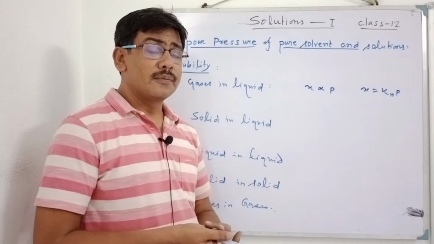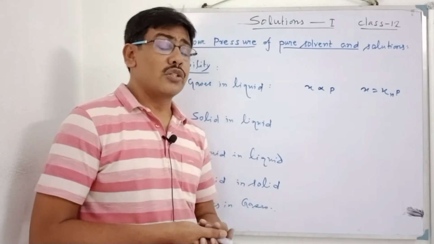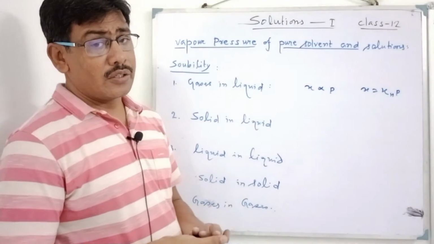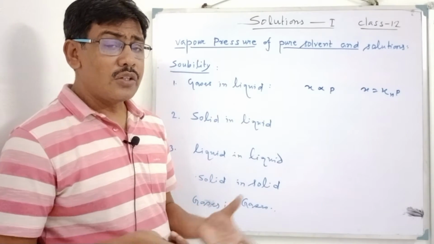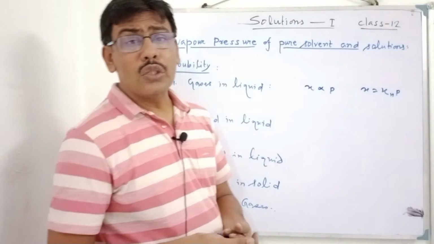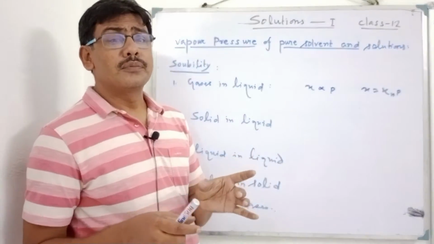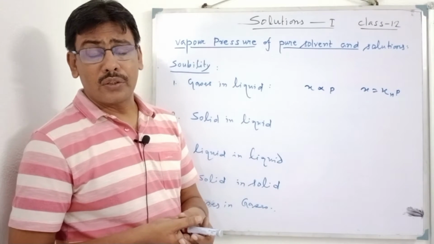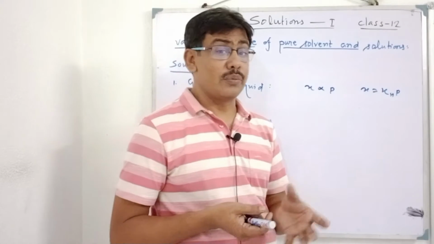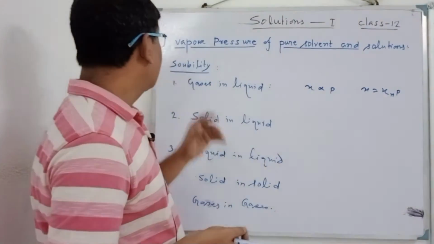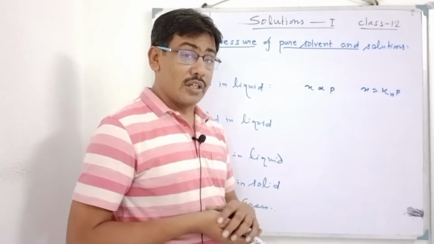If temperature increases, then the solubility of the gases decreases. It also depends on the gas-liquid attractive force. There is an attractive force between gas and liquid molecules, and this is the solubility of gases in liquid.